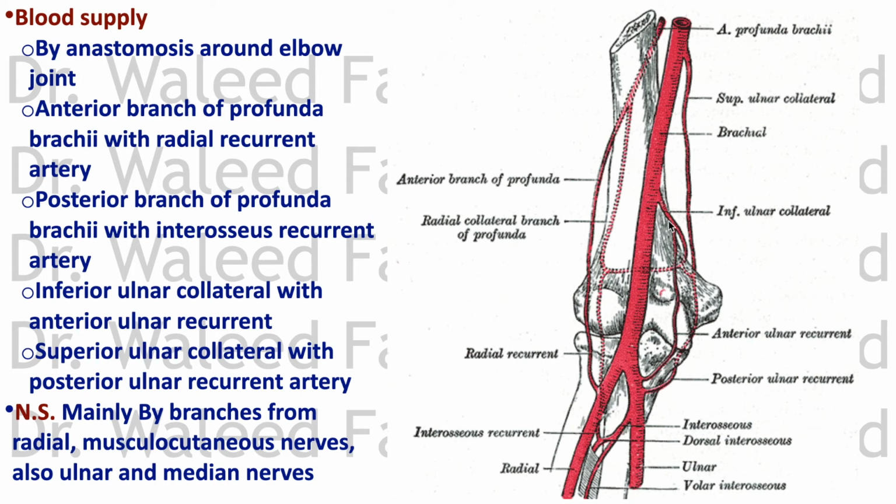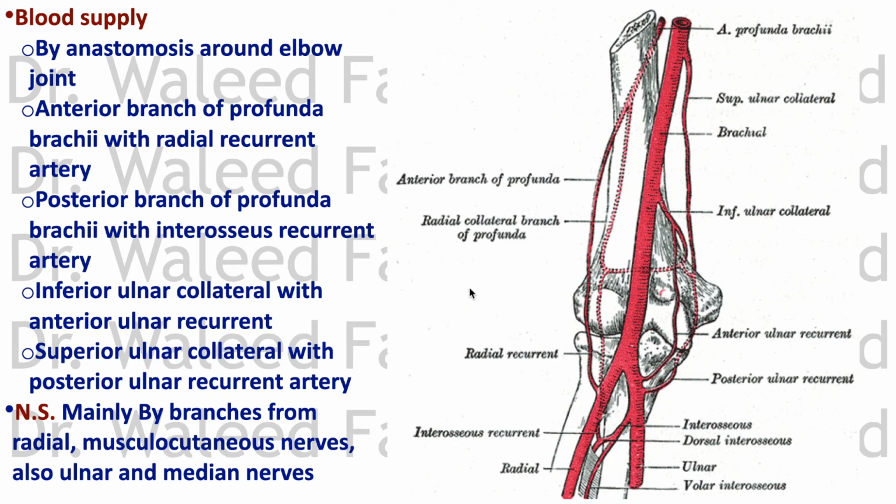The inferior ulnar collateral with the anterior ulnar recurrent. Okay, so anterior ulnar recurrent with the inferior ulnar collateral, posterior ulnar recurrent with the superior ulnar collateral. This is the anastomosis around the elbow joint. You should know it. How is it formed?